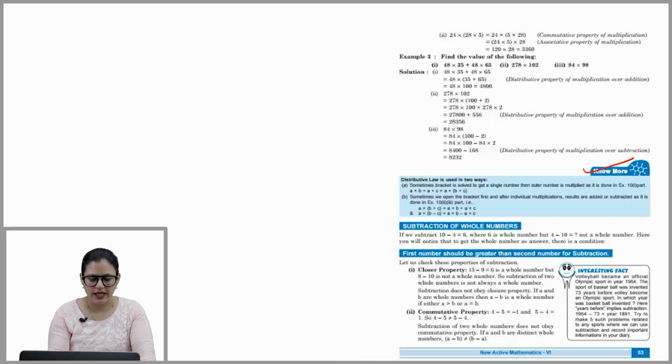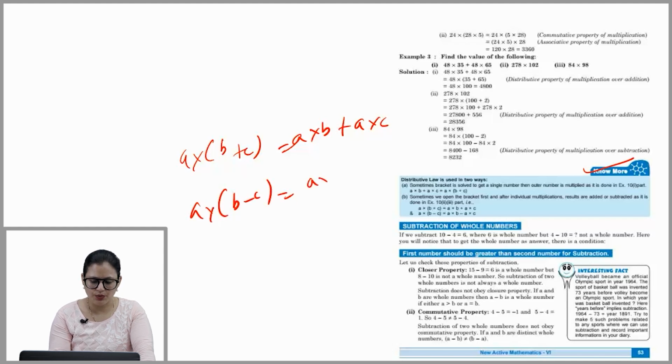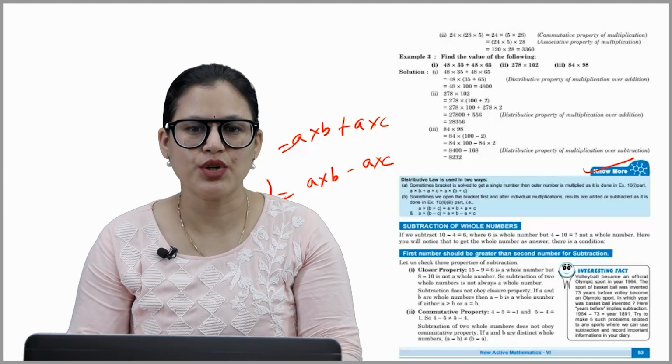That is A into (B plus C) is equal to A into B plus A into C, and A into (B minus C) is equal to A into B minus A into C. Now, subtraction of whole numbers.